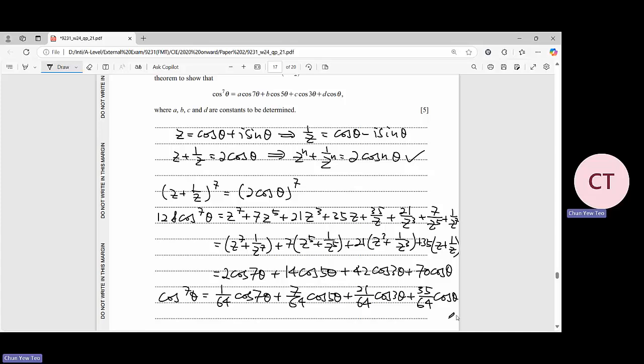Okay, so done. We have found the answer, the A, B, C, and D. So this will be the answer for question number 8A.